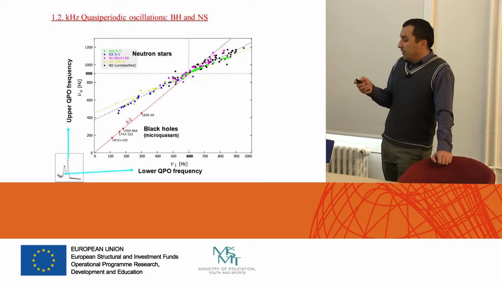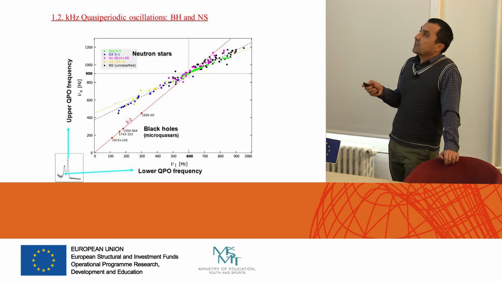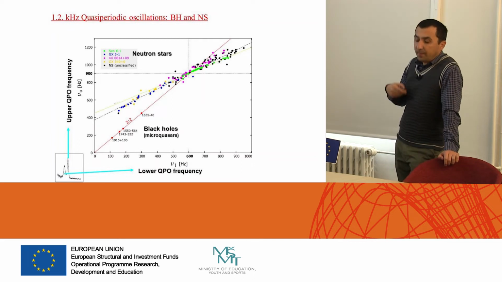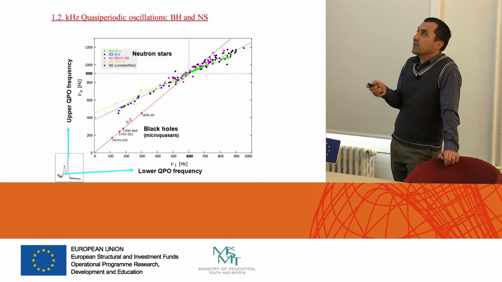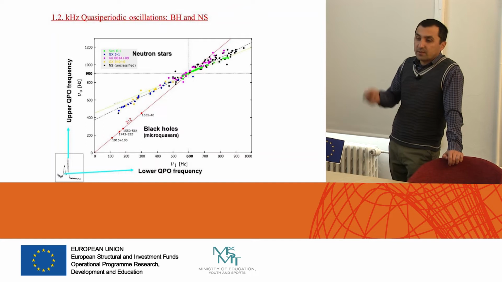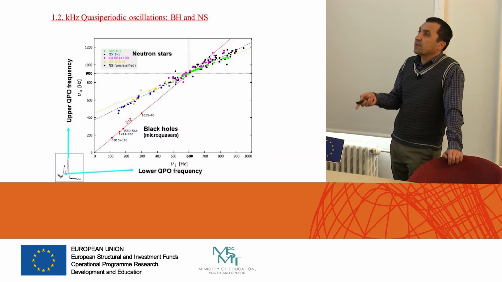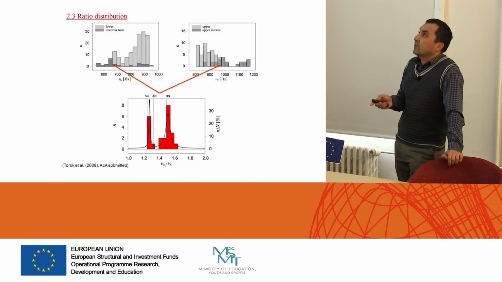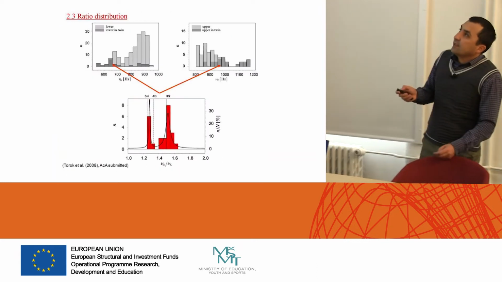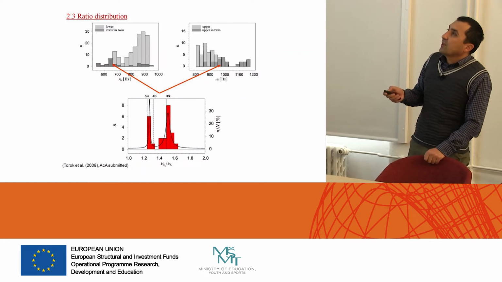So from this point of view, the mechanisms of quasi-periodic oscillations from neutron-star sources are quite complex compared to black hole sources, and this is the ratio distribution.